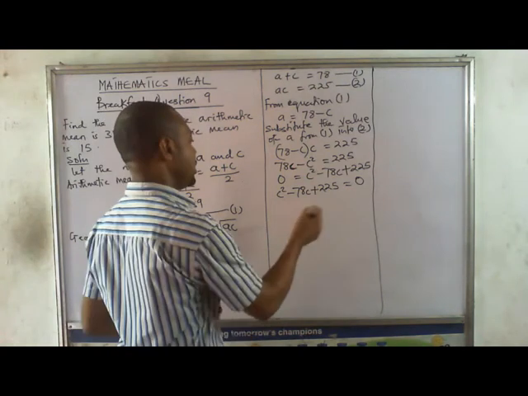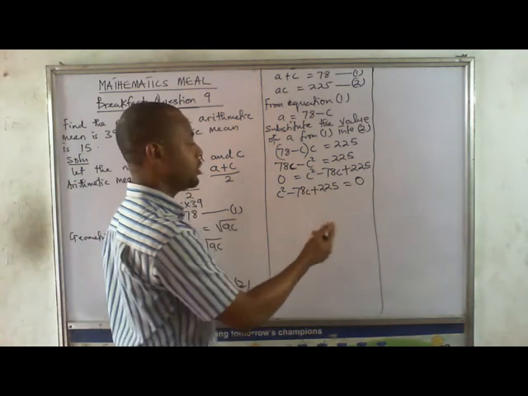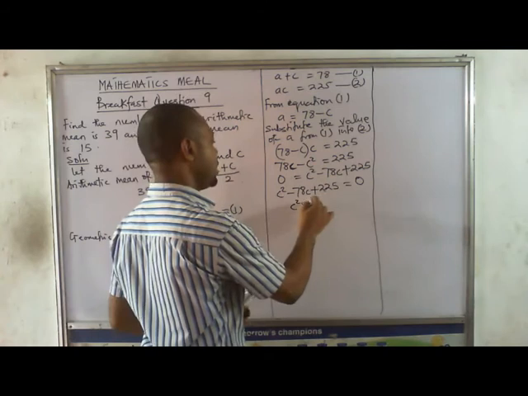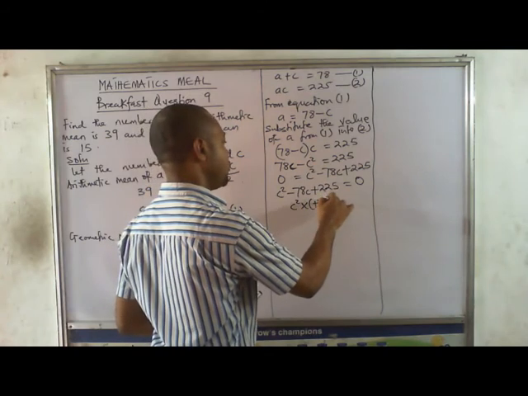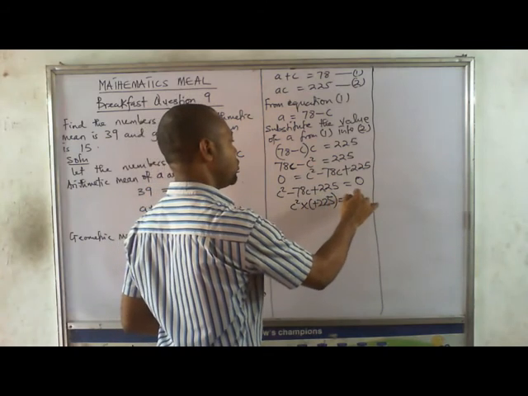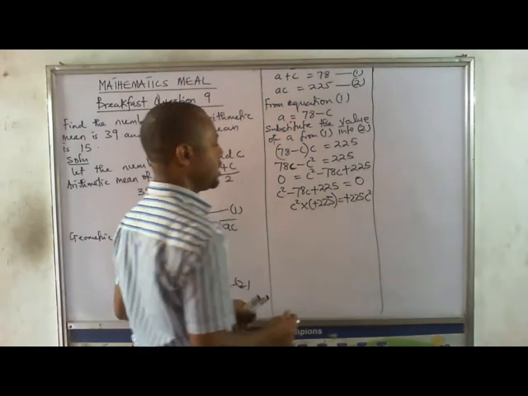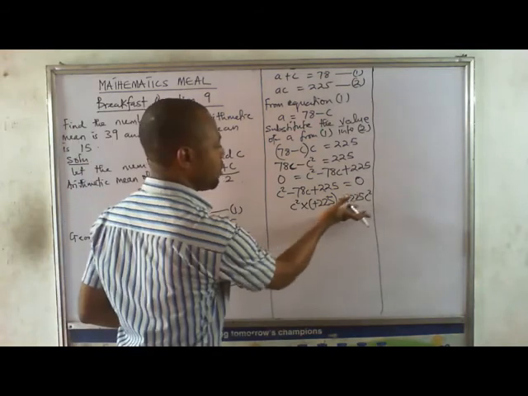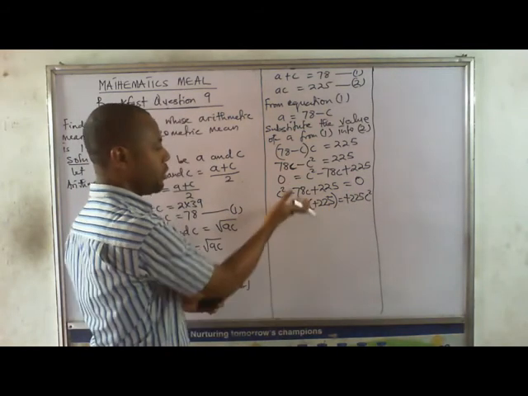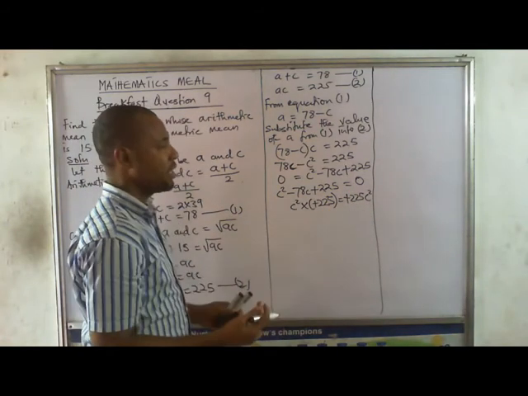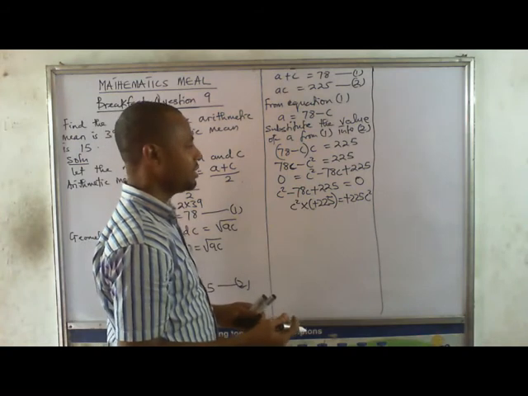If it's the factorization method, I can find two factors here. C squared times plus 225 gives plus 225C squared. Then find two numbers that multiply to give this and when you add them, you have this. It's very clear to me. I have 3 and 75.